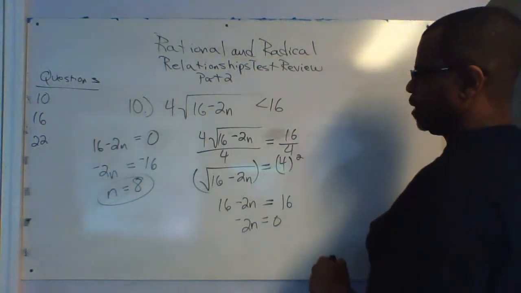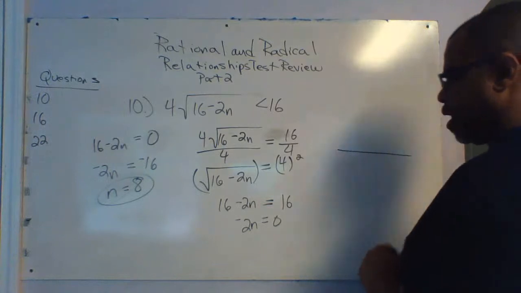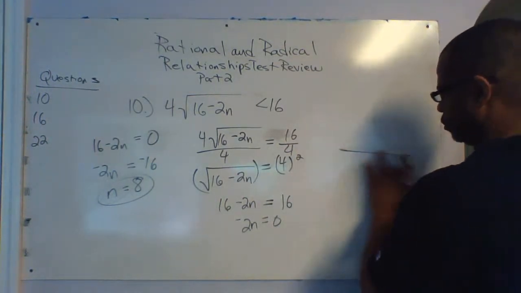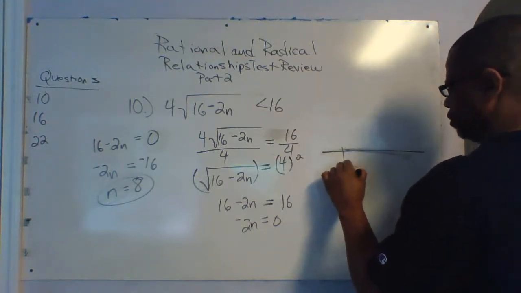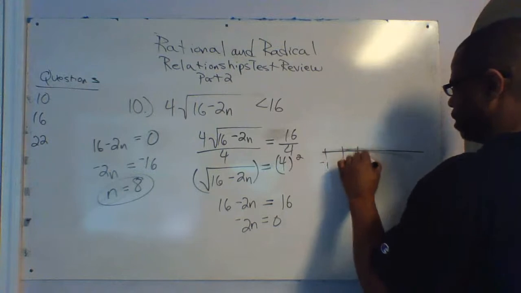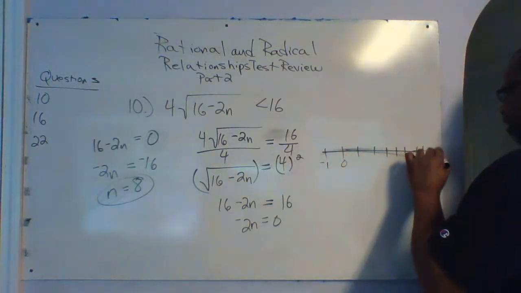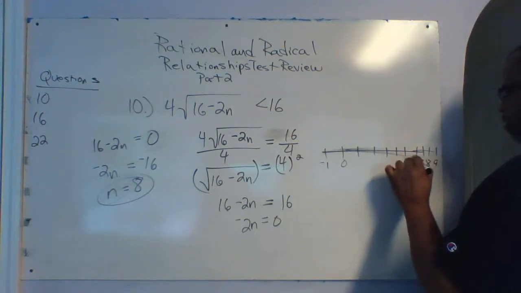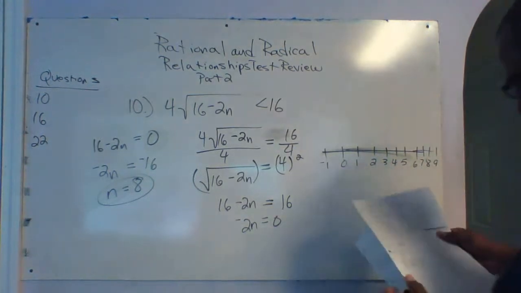All right, so now what I'm going to do is start at 0. I'm going to do my number line. I have 0, -1, 1, 2, 3, 4, 5, 6, 7, 8, 9, 8, 7, 6, 5, 4, 3, 2, 1.